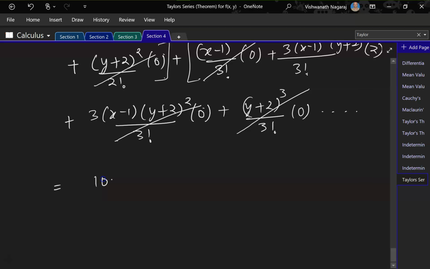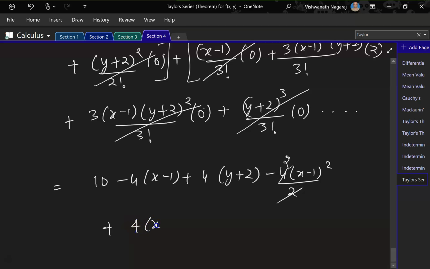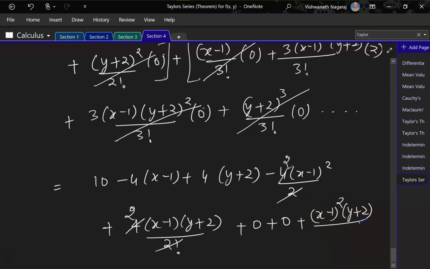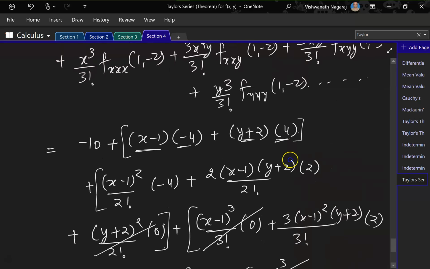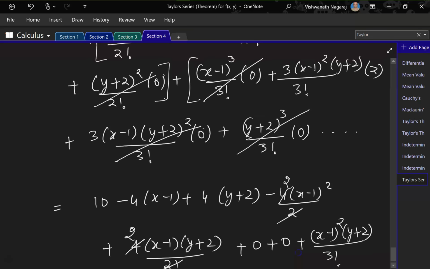And what we are left with is minus 10 minus 4 times x minus 1 plus 4 times y plus 2 minus 4 times x minus 1 square by 2, so this becomes 2, plus 4 times x minus 1 times y plus 2 by 2 factorial, so 2, plus 0 plus 0, plus x minus 1 square times y plus 2 by 3 factorial, and this is times, what have I put here, x minus 1 square, this is 3 times 2.